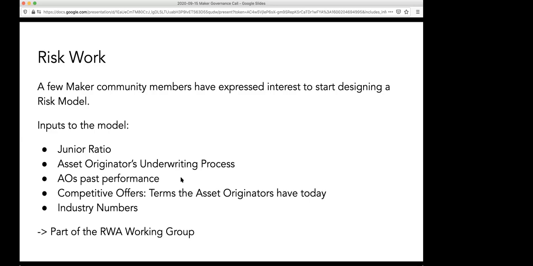We will ask them to publish information about their past performance, but also competitive offers. A lot of them have offers from reputable banks, showing a realistic cost of capital for them. Then we can also look at what the industry performance is. And we're hoping we can work with the Real World Asset Working Group in finding a way to define these and get a risk assessment by the community.